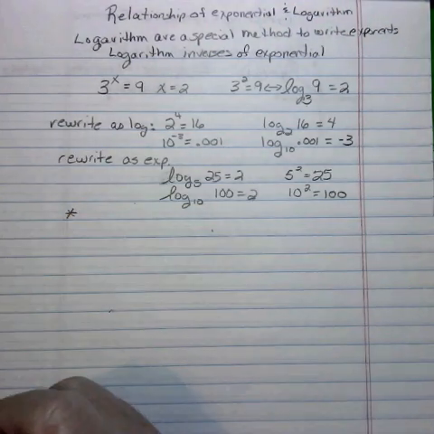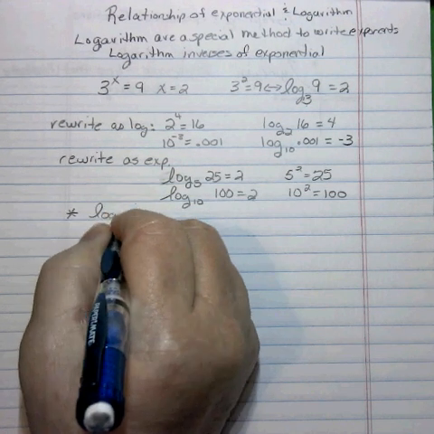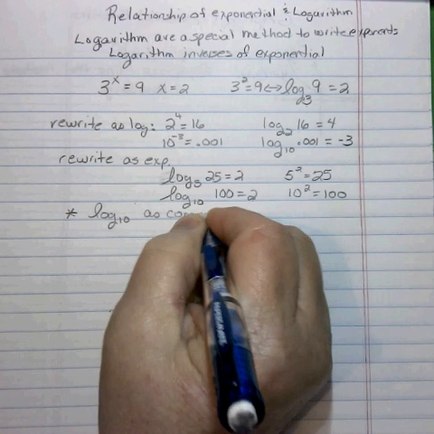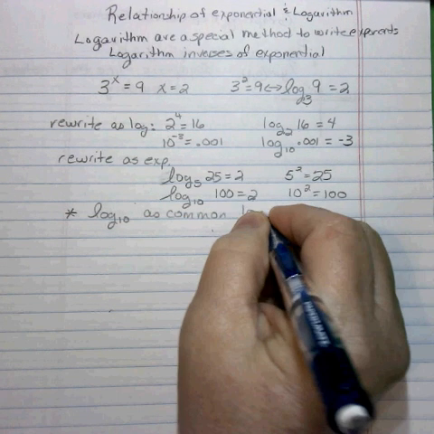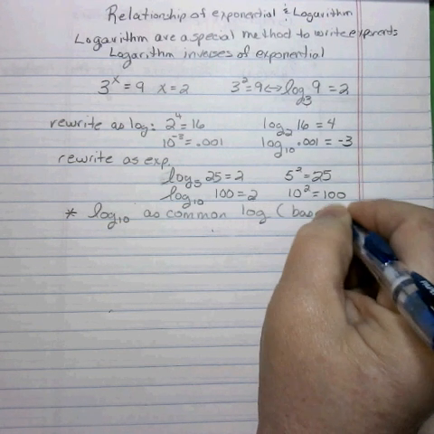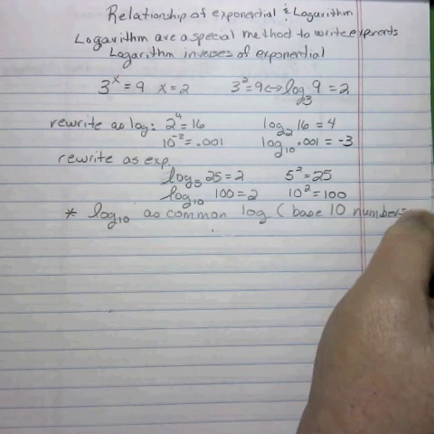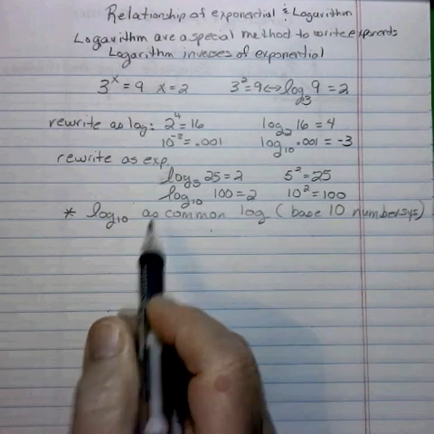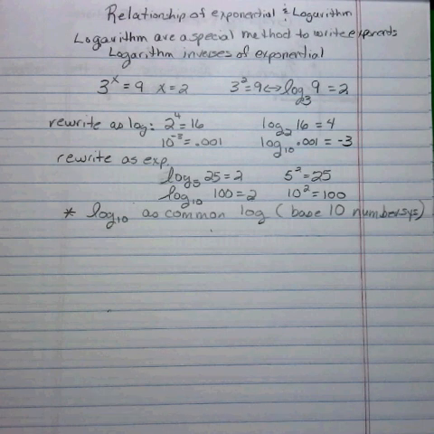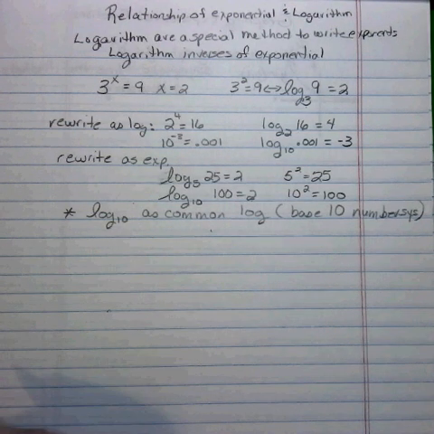This is just a little side note, is that we consider any log base 10 as a common log. And when it is a common log, because we use the base 10 number system, then we do not have to actually physically write the base 10 number. We can just use the value of log.